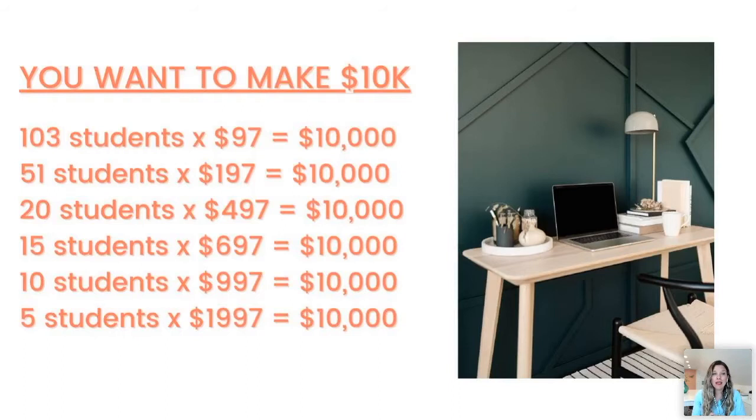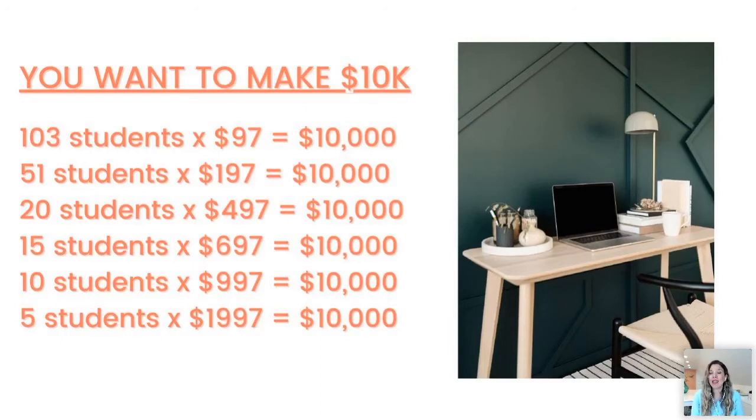If I had a $97 course, I'm going to need 103 students. And unless you have a really big audience, 103 is a big number. That's a lot of people, right? Versus even 20 people at $497 to hit that 10K.